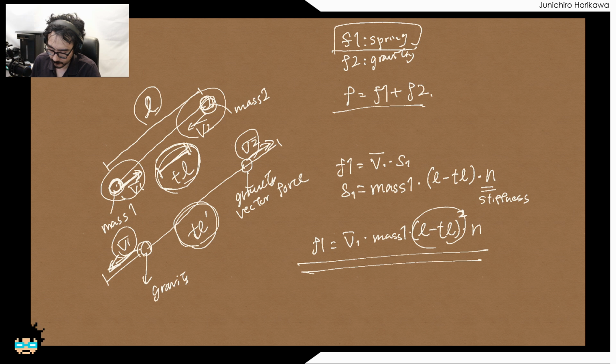For F2 it's pretty much the same. You just change the direction and change the mass, and the length difference is the same and the stiffness is the same.